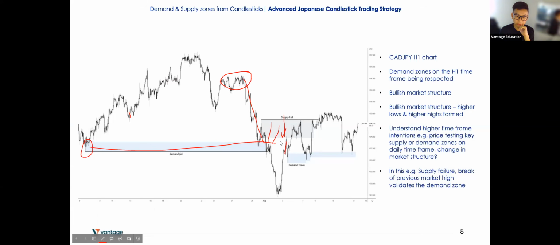You can see that it touches back to this level here, and it went back down. So this is still considered a premium price for sellers to enter, for them to sell down, and we see this move upwards, and this would mean that all the sellers here, and maybe some of the sellers here, got stopped out. And it moved up to this level to form a new resistance. This resistance is determined by this fall, this move down, and this supply zone here will be created.